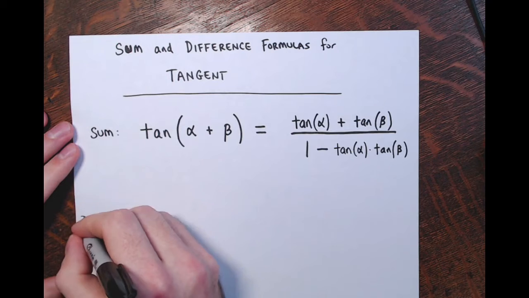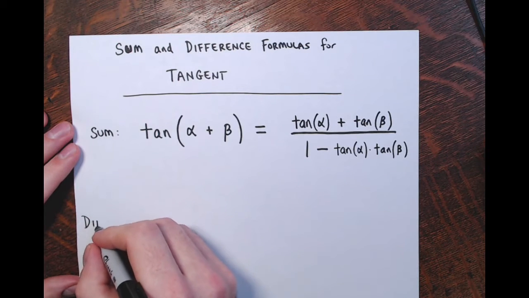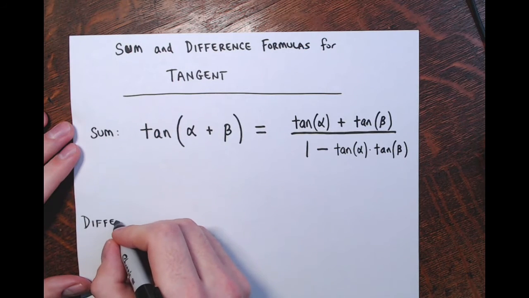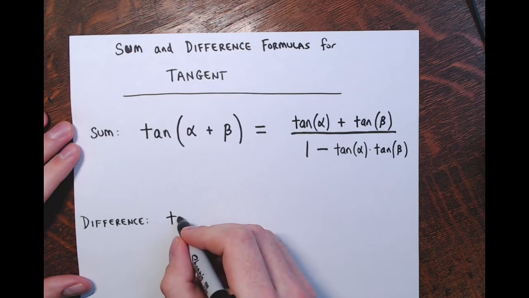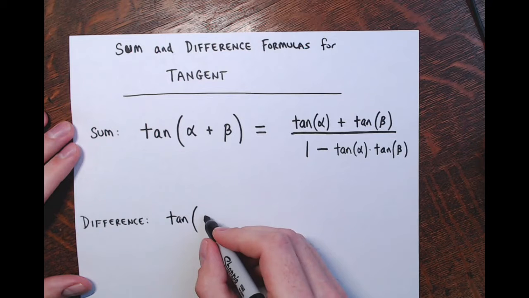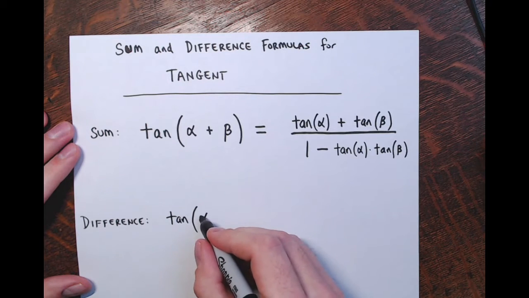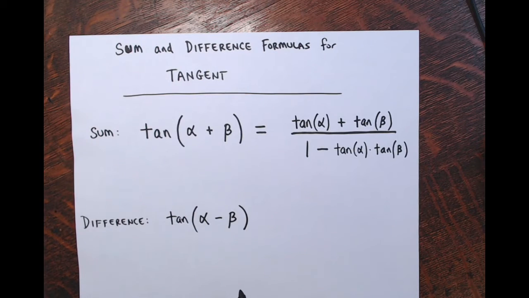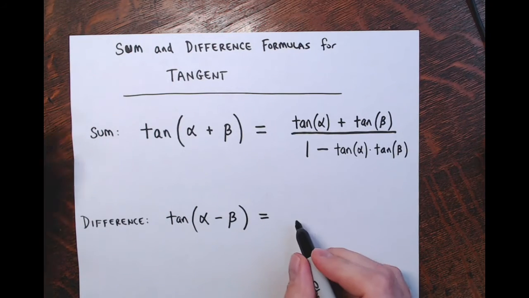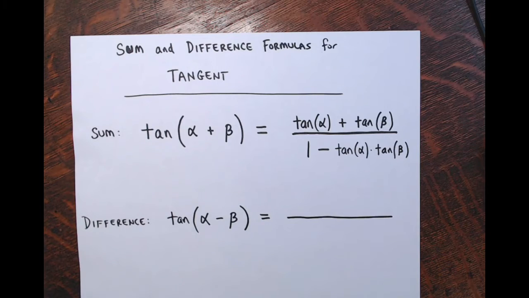And then the difference formula, the only thing that changes are the signs. The tangent of the difference between two angles, say alpha minus beta, is a fraction written like this.